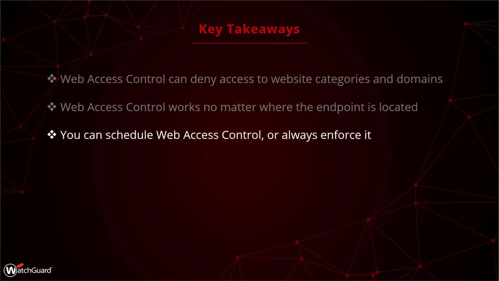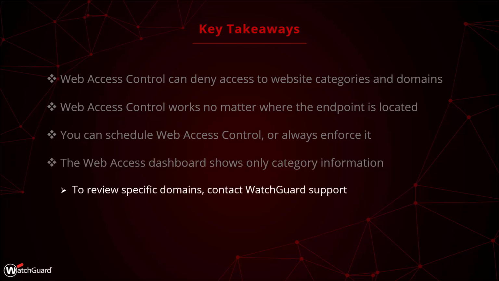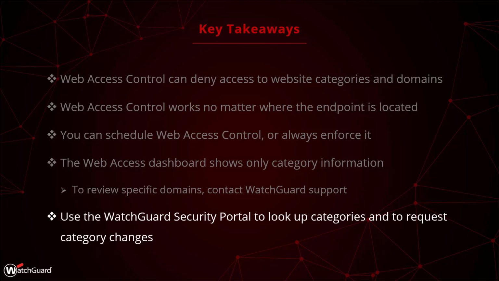You can schedule when Web Access Control is enforced if you want to allow access to everything at specific times or days. We reviewed the Web Access dashboard and the information you can find in it. If you need to review more detailed information about the websites and endpoint visited, reach out to WatchGuard support. Finally, you can use the WatchGuard security portal to look up the category of websites and request changes when needed.